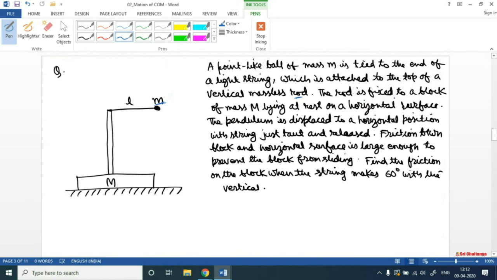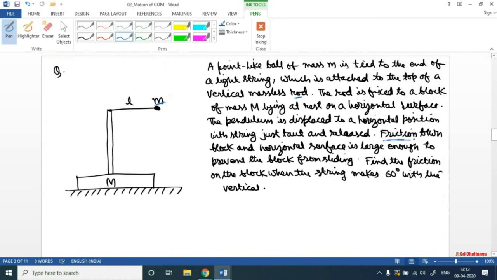The rod is fixed to a block of mass capital M lying at rest on a horizontal surface. This is the block M lying at rest on a horizontal surface. The pendulum is displaced to a horizontal position, as we can all see, with the string just taut, and released.